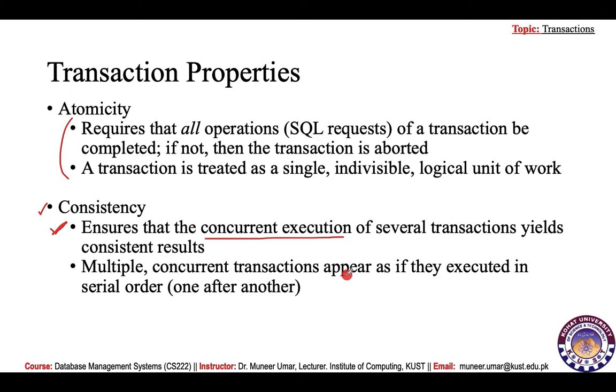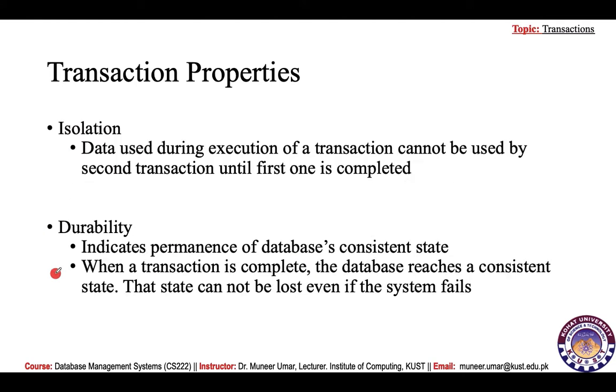Multiple concurrent transactions appear as if they execute in serial order, one after another. So they will appear in sequence, they will not appear in a parallel execution form. In this way the data would be in a consistent form while having multiple concurrent transactions executing at the same time. Third, we have isolation.